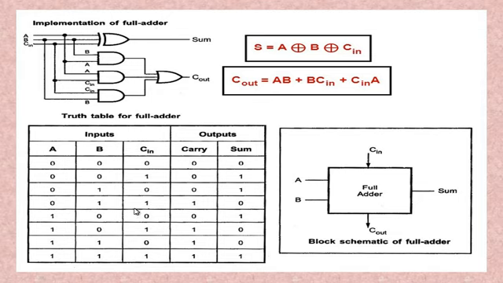But if an even number of inputs are high, output will be low. Isn't it? So we can say that this sum column follows XOR gate. Therefore here XOR gate is used for 3-bit sum. And in this way the equation for sum is A XOR B XOR C in.